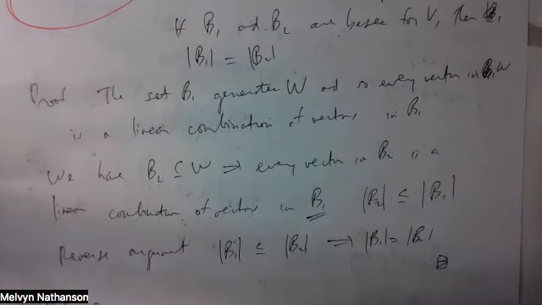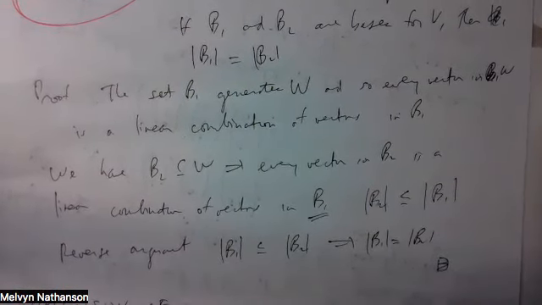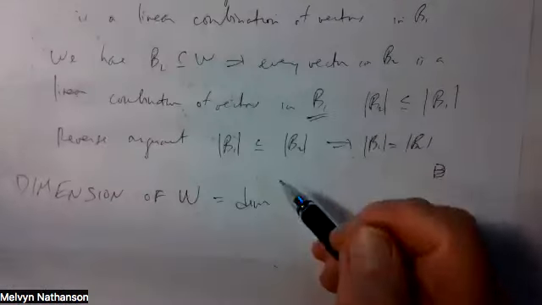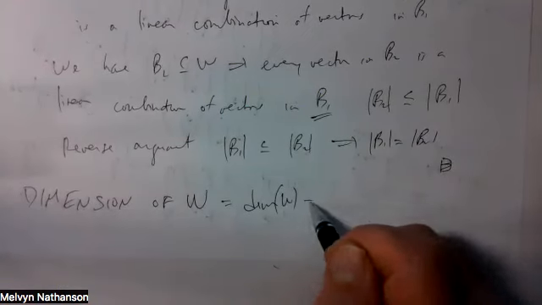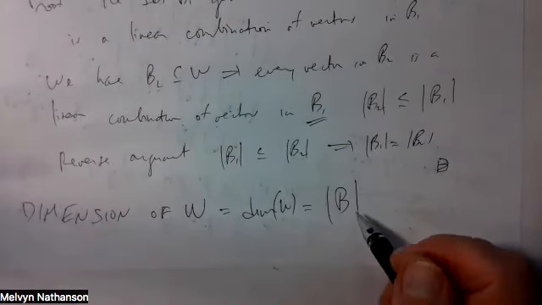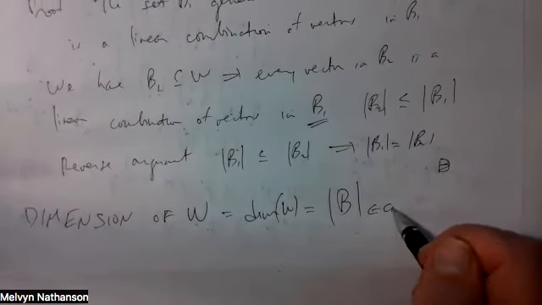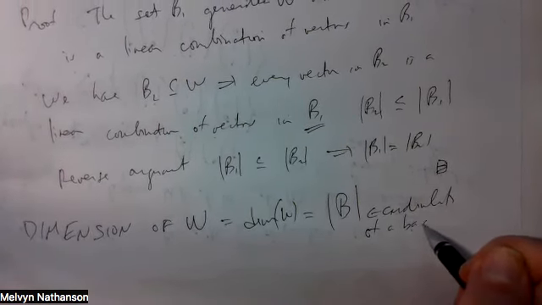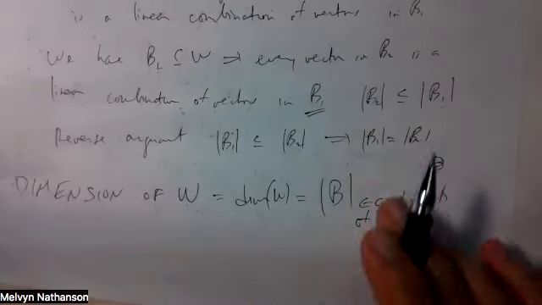So the dimension of the subspace W, which we denote by dim W, is the number of elements in a basis, the cardinality of a basis.